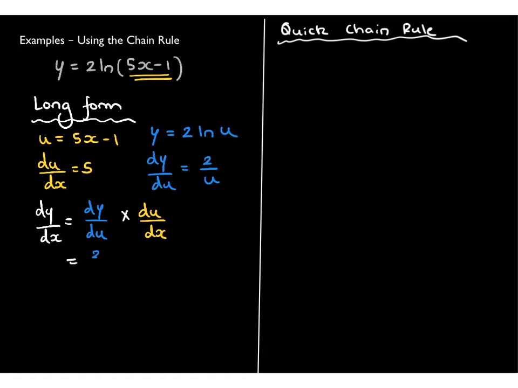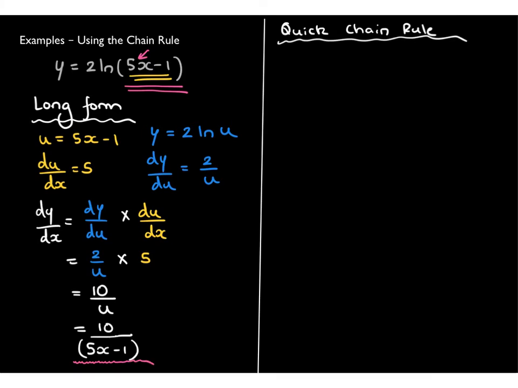So that's 2 over u multiplied by 5. So that gives us 10 over u, which gives us 10 over 5x minus 1. Now, interestingly, in this question you can see there's a 5 here, but it's part of a broader inner function, 5x minus 1, and consequently we see the whole of the 5x minus 1 in the final answer here.